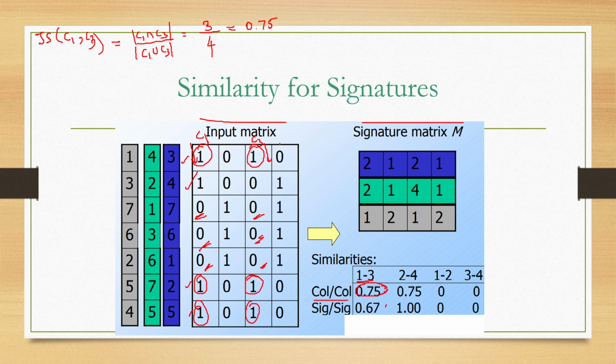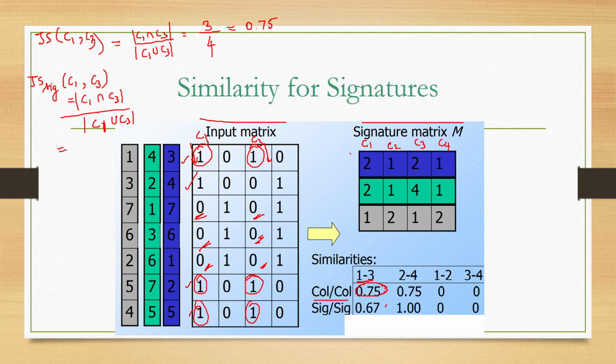Okay, now these columns, or rather documents, are here represented again as C1, C2, C3 and C4. Let us see what will be their similarities in terms of signatures. So now we are trying to find out Jaccard similarity for signatures of C1 and C3. So what is the intersection and what is the union?